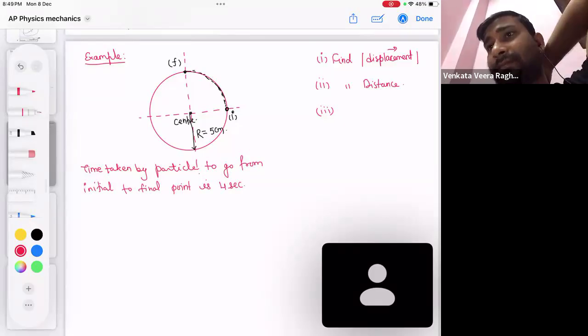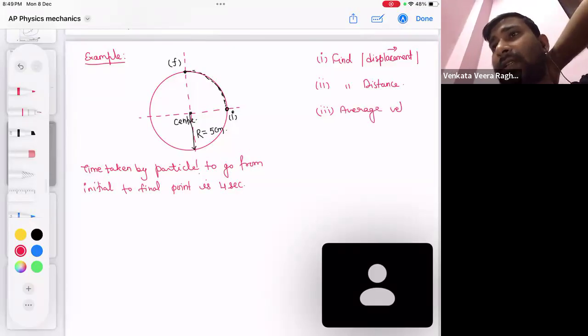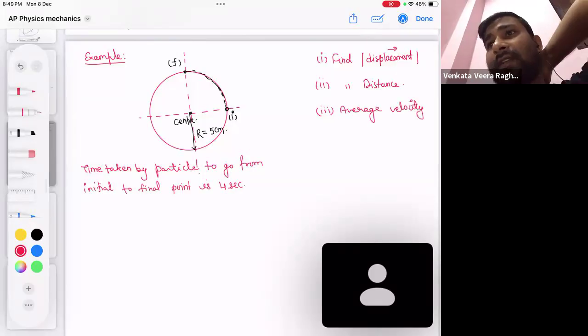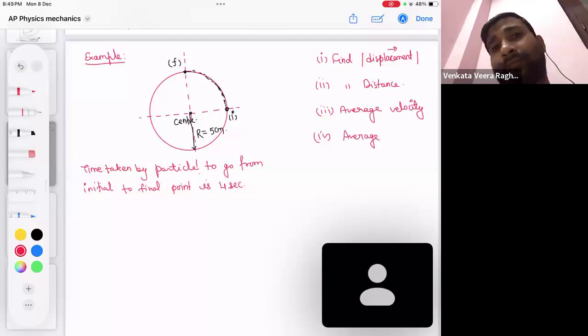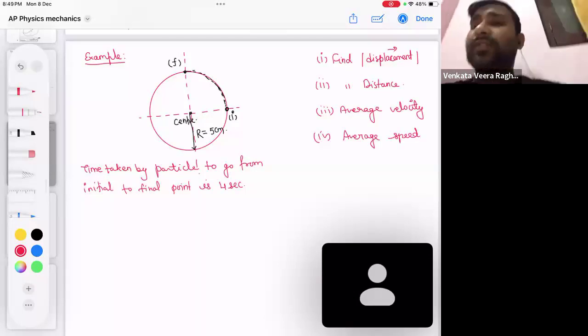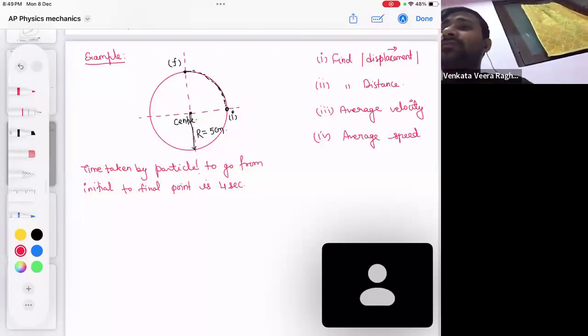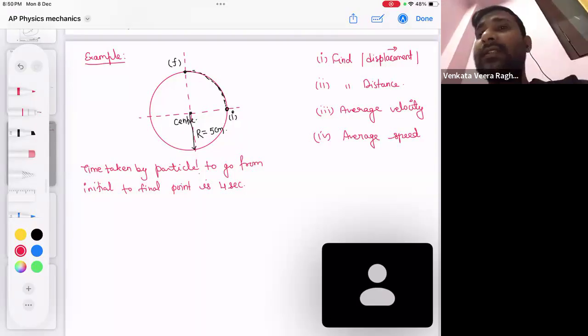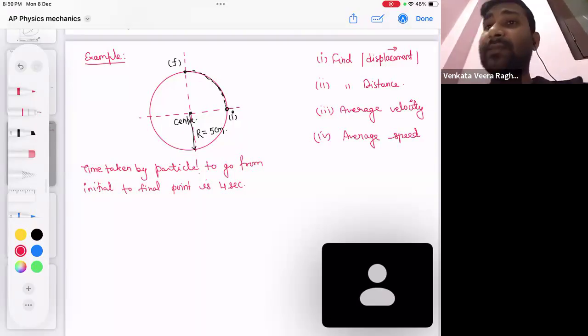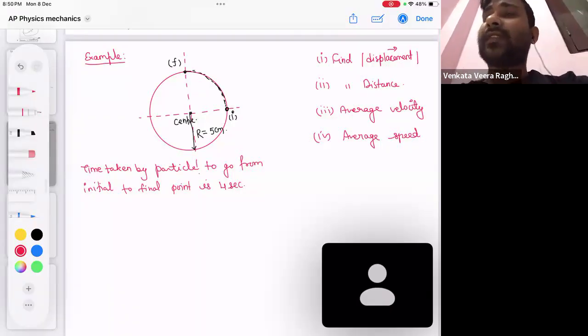So now find the average velocity in this journey. Fourth thing, average speed. There is also average acceleration, but let's keep it for the next part. We have to discuss many questions on these definitions of displacement, velocity.